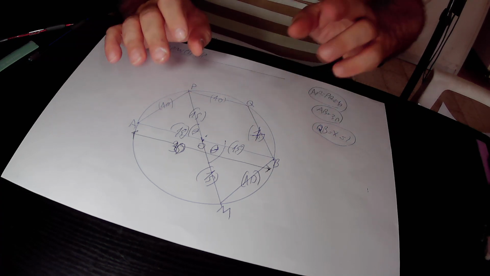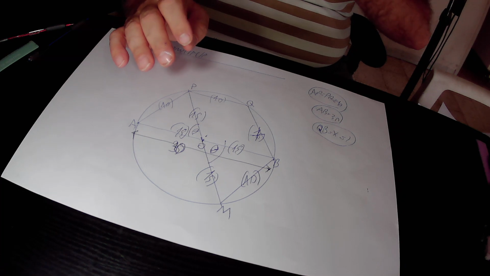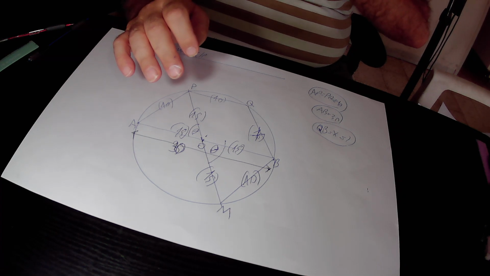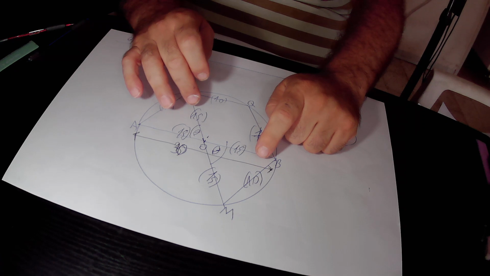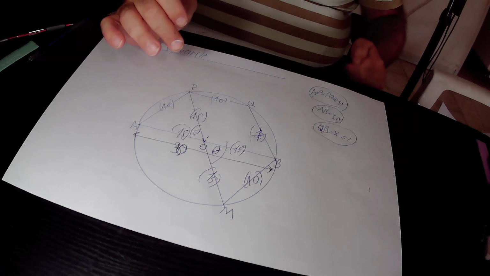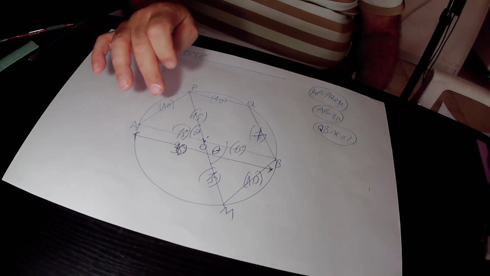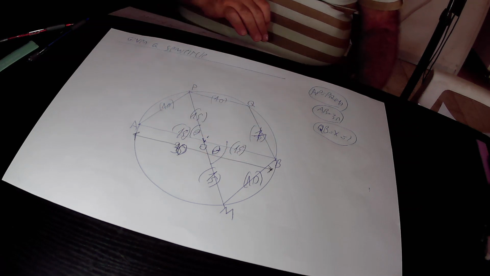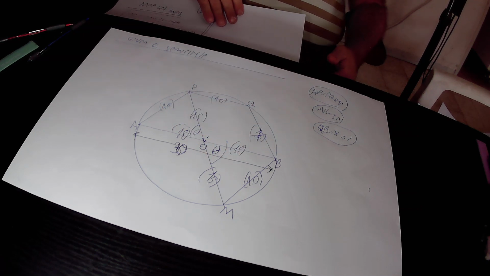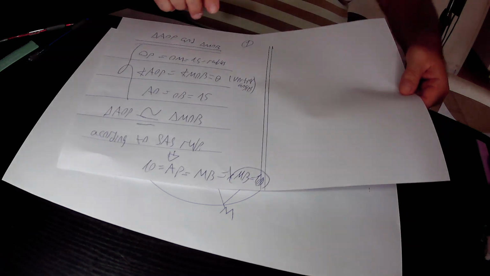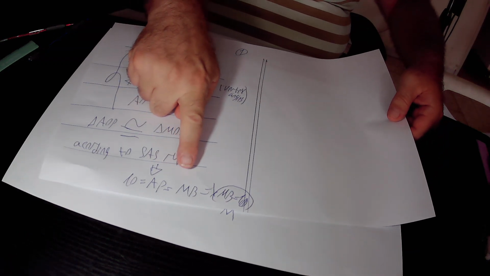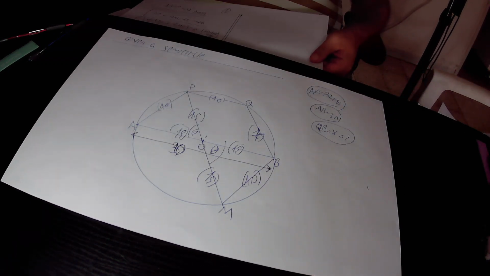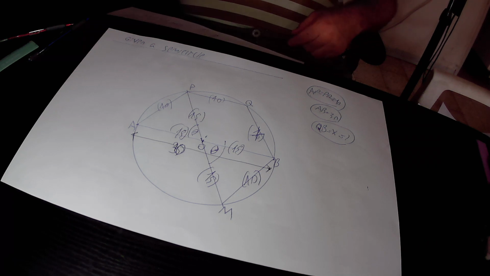Therefore, those two triangles are congruent according to the side-angle-side rule. From the fact that the two triangles are congruent, we know that side BA is equal to side MB, according to the rule that corresponding sides of congruent triangles are equal to each other.